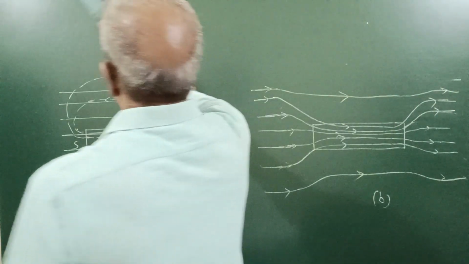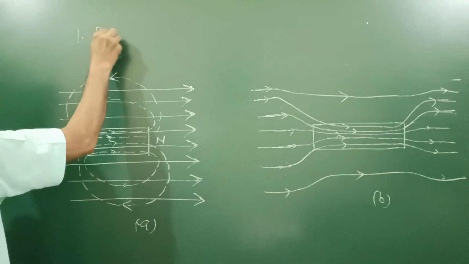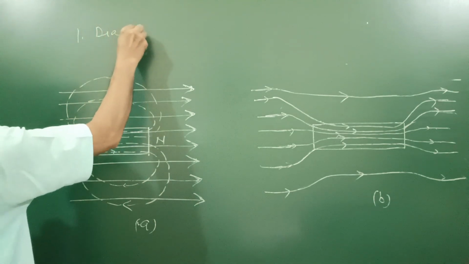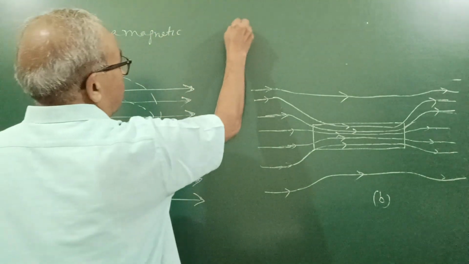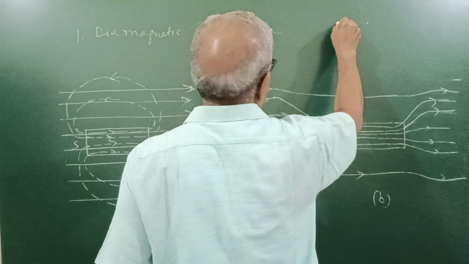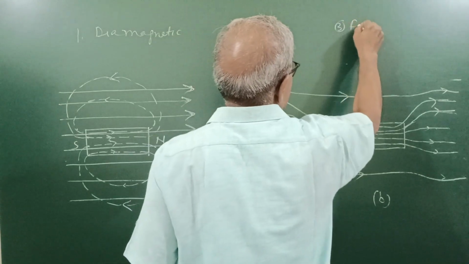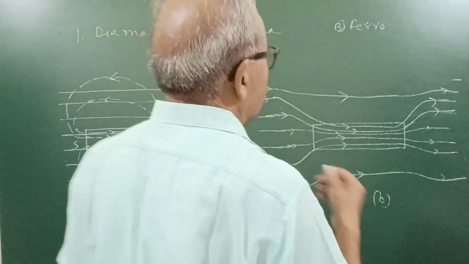Number one, diamagnetic material. Number two, paramagnetic, and number three, ferromagnetic material.